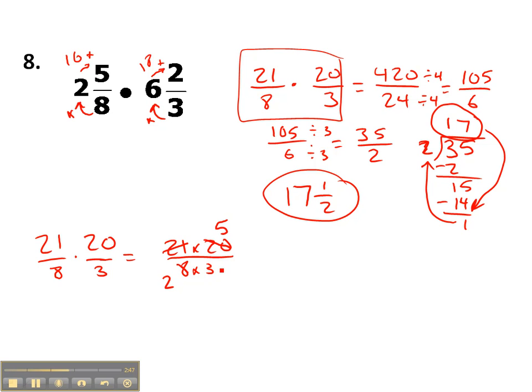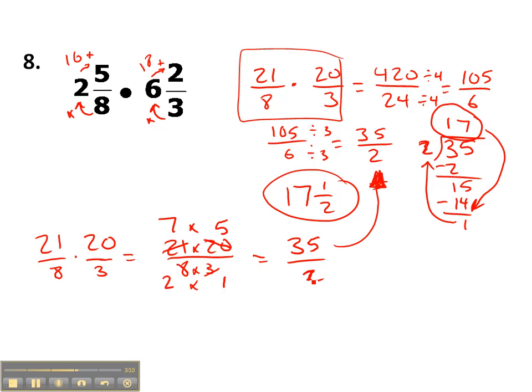Also, 21 and 3. Any number on top and bottom that has a common factor, you can simplify before you multiply. 3 divided by 3 is 1. 21 divided by 3 is 7. Now we can multiply these smaller numbers, and we get 35 over 2, which is the same thing we got here, but we just avoid all of that fraction simplification.